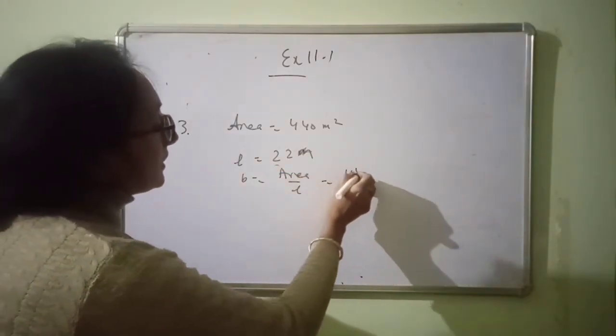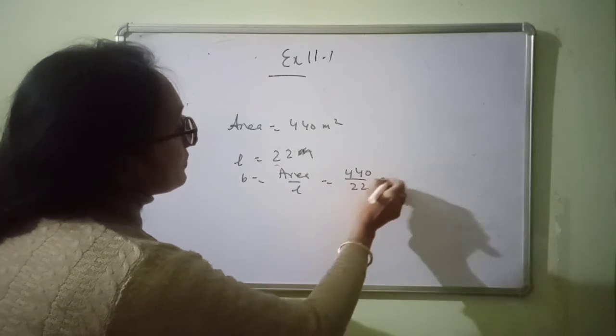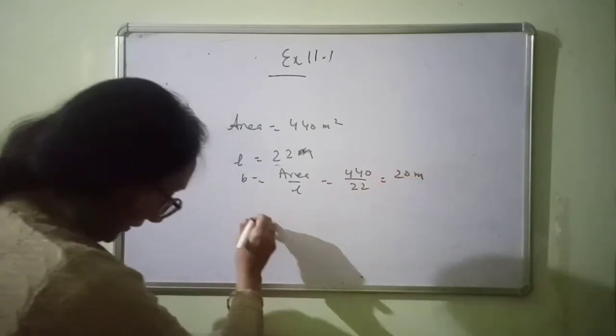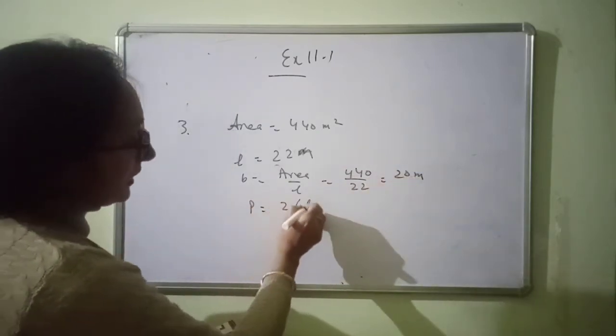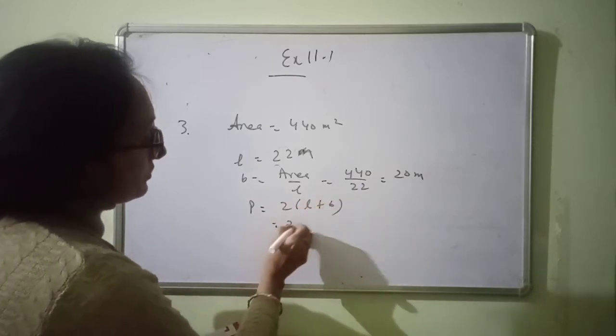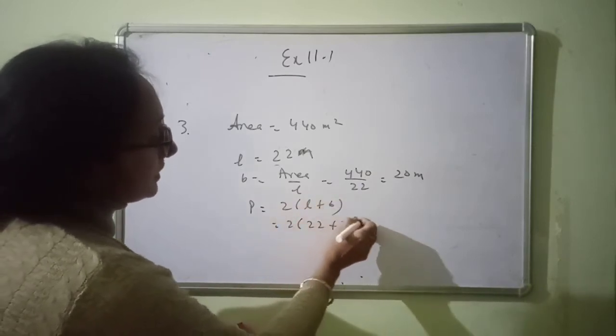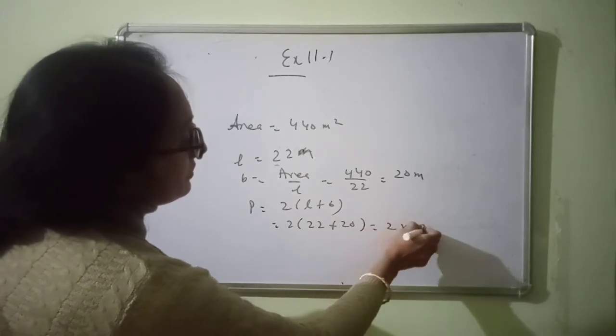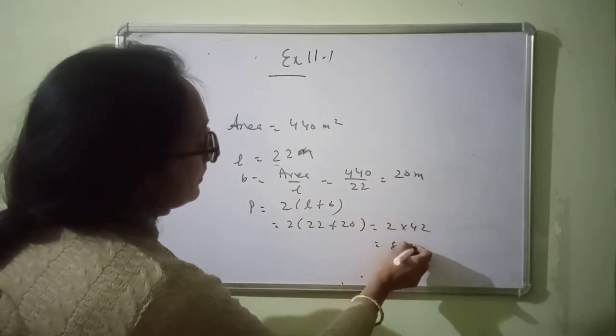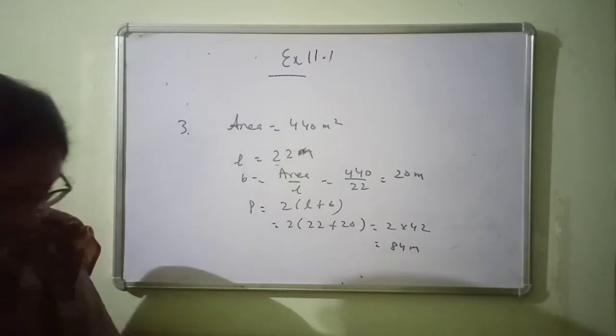So 440 upon 22, this is 20 meter. Now we have to find perimeter. Perimeter is 2 into L plus B. So 2 into 22 plus 20, this is 2 into 42, 84 meter is the perimeter. So this is the third question.